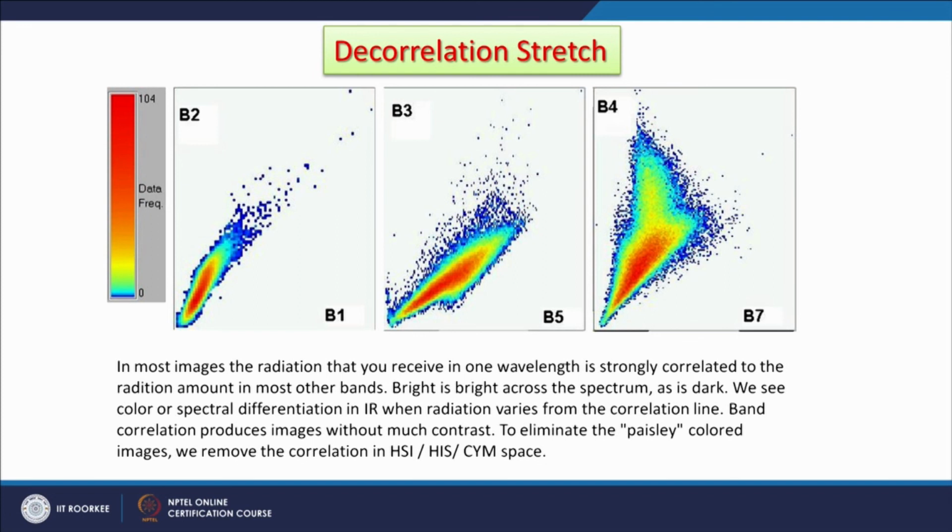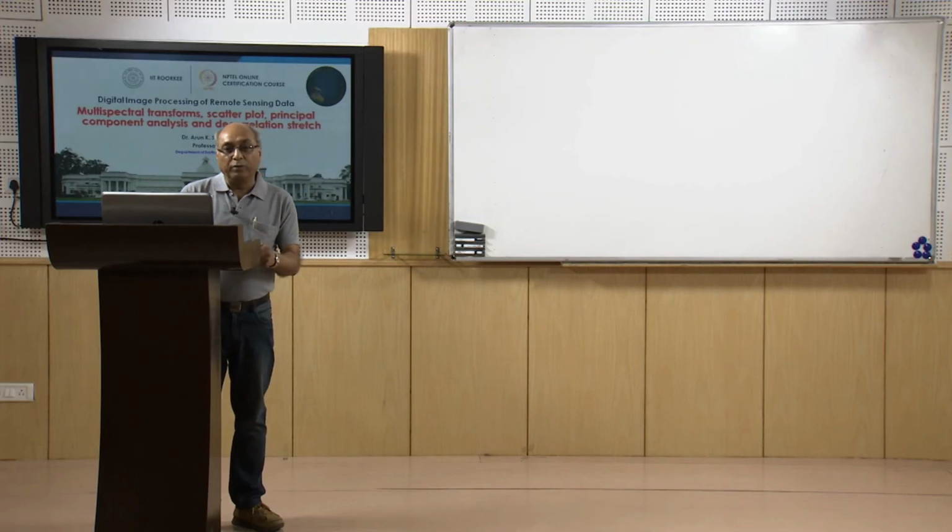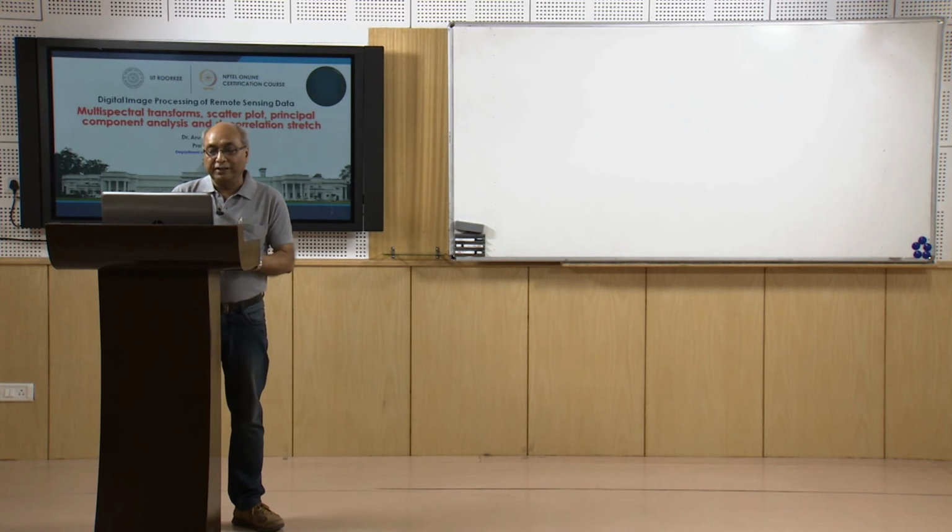By this we are decorrelating the components, and at the end in the scatter plot we are occupying a very large area, which was not possible with the normal approach.